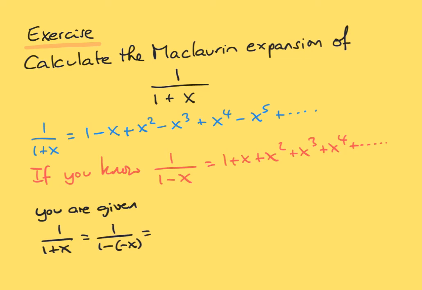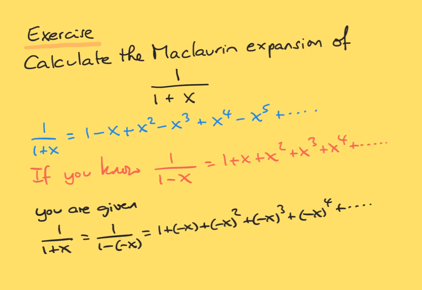So what you get is 1 plus minus x plus minus x squared plus minus x cubed plus minus x to the 4th, etc. And all we've done here is we said 1 over 1 plus x is 1 over 1 minus x. So this can be written in this way, but x is replaced by minus x.